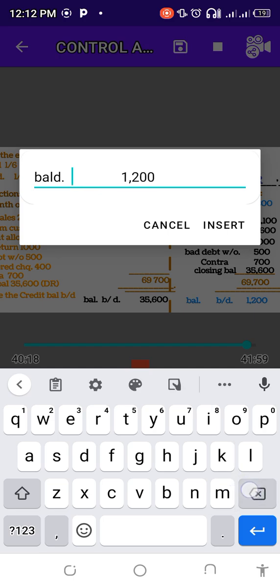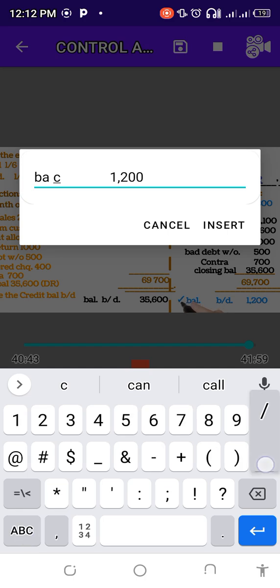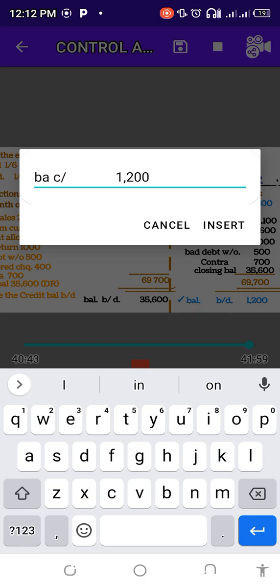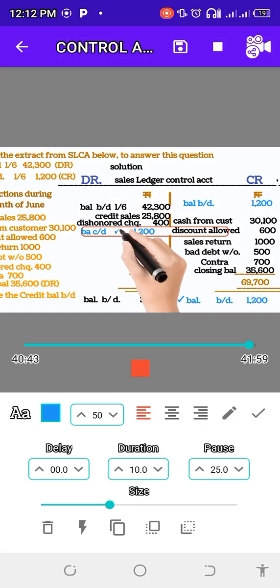Balance carried down. Yeah, that's how it's supposed to be. Okay, then insert. Yes, it has been corrected. It's now balance carried down.